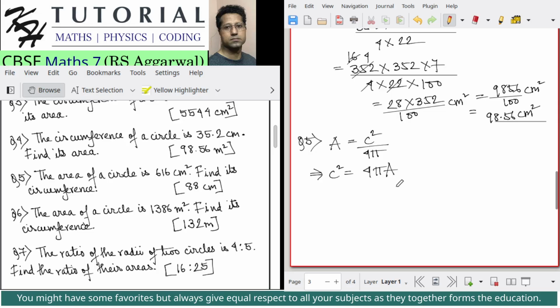So this is 4 multiplied by 22 by 7 and the area is given to be 616. Remember, since the area is given in centimeter square, the radius will be in centimeter, so the unit of circumference square will also be centimeter square.